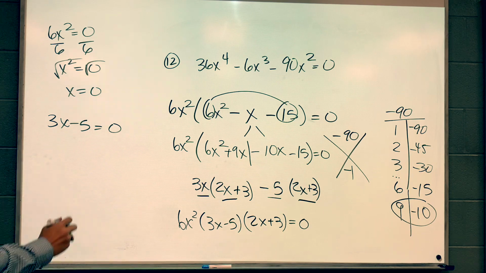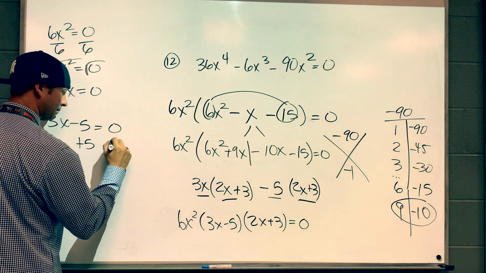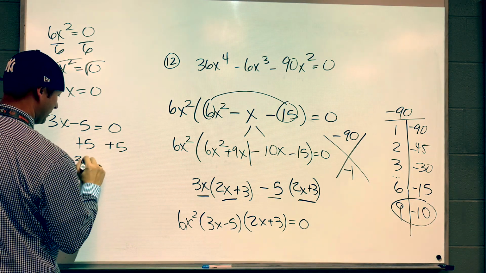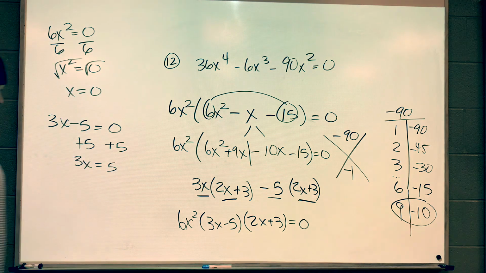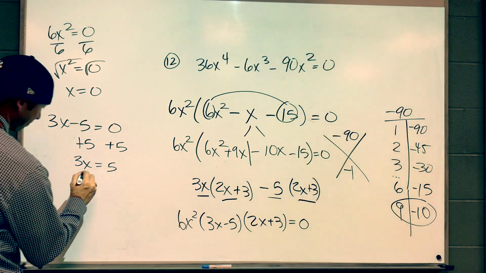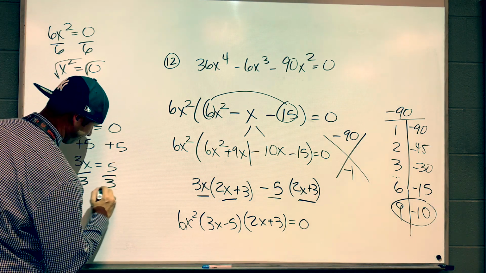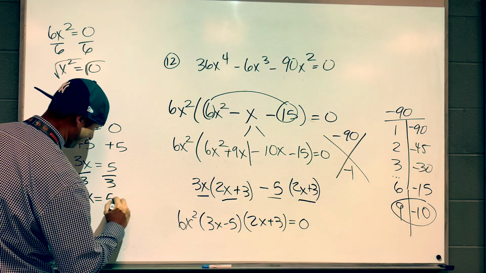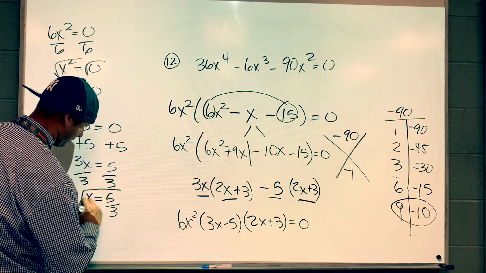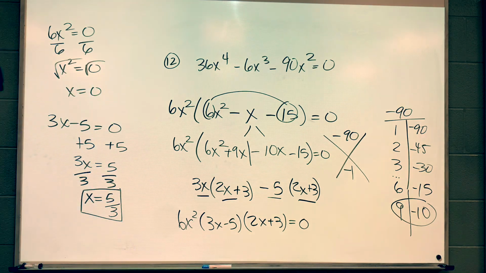I'm going to add 5 to both sides. So 3x is equal to 5. Divide both sides by 3. X is equal to 5/3.